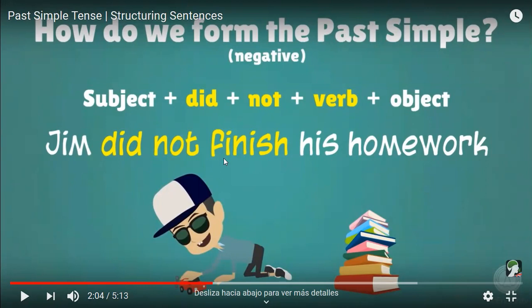And don't forget that after did, after an auxiliary verb, in negative sentences and interrogative sentences, the main verb, that is this one, goes in the base form. Finish, work, play, jump, eat. Yeah? Don't use finished or played or ate. Don't use that because you are using the auxiliary here.